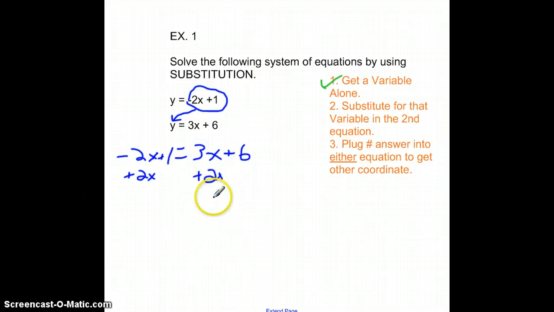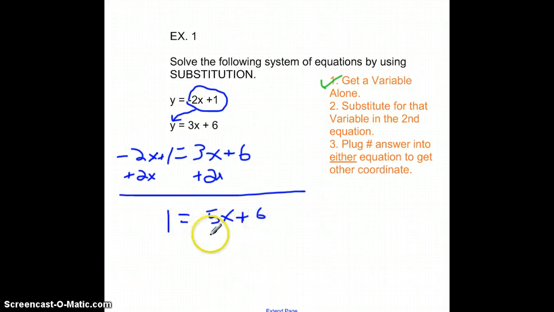Okay. So here we've got 5x plus 6 on the right-hand side. On the left-hand side, we just have our positive 1 remaining. Got to get x all by itself. Let's subtract 6 from both sides. Subtract 6, subtract 6.